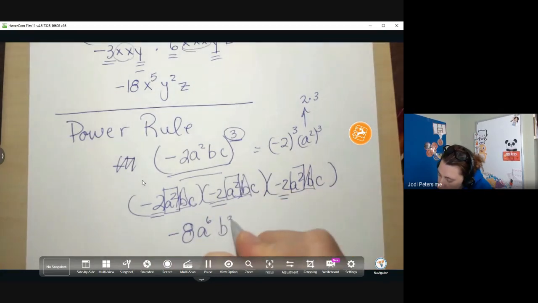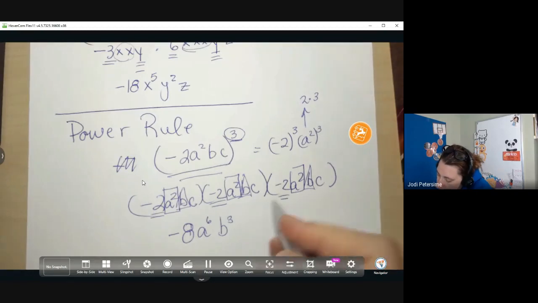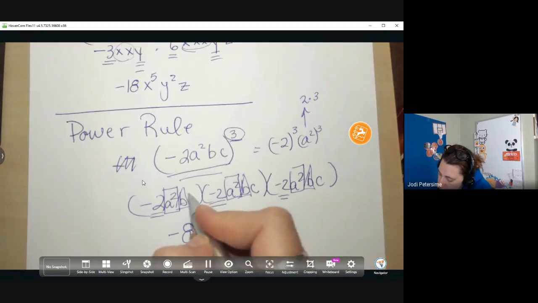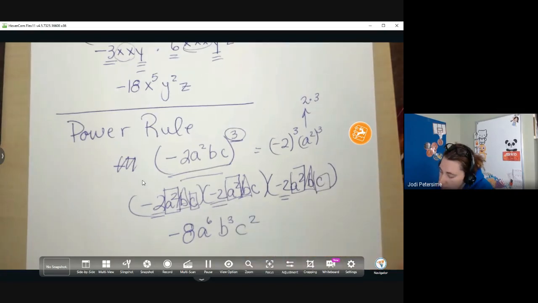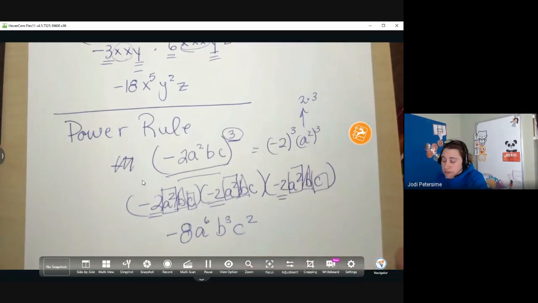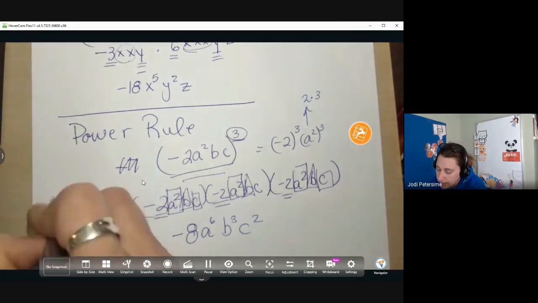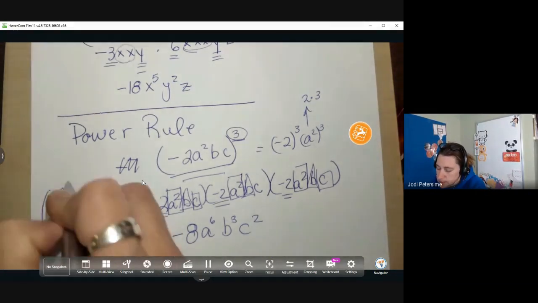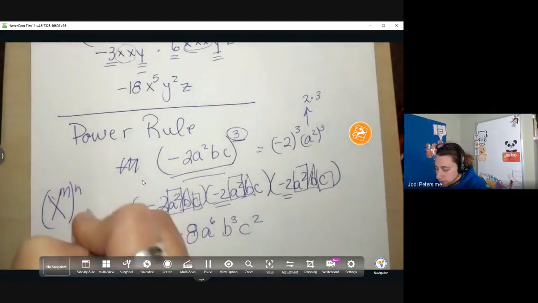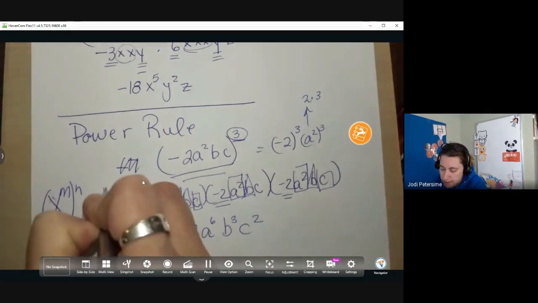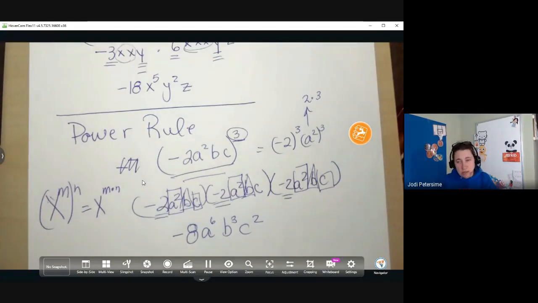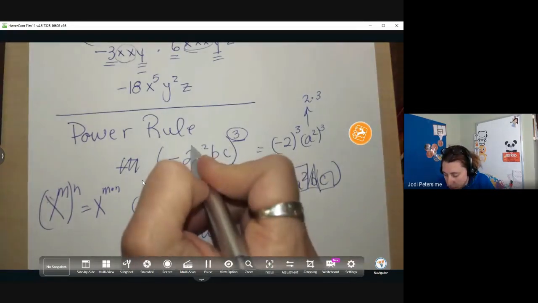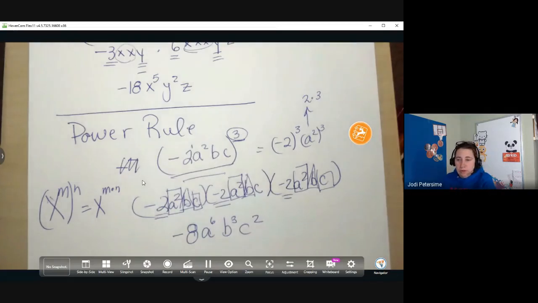So I have b cubed. And then I have 2 c's, c squared. So our rule for this one is x to the m raised to the n power is equal to x to the m times n. So you're multiplying those exponents. And remember, my exponent on my 2 is just a 1. 1 times 3 is 3.